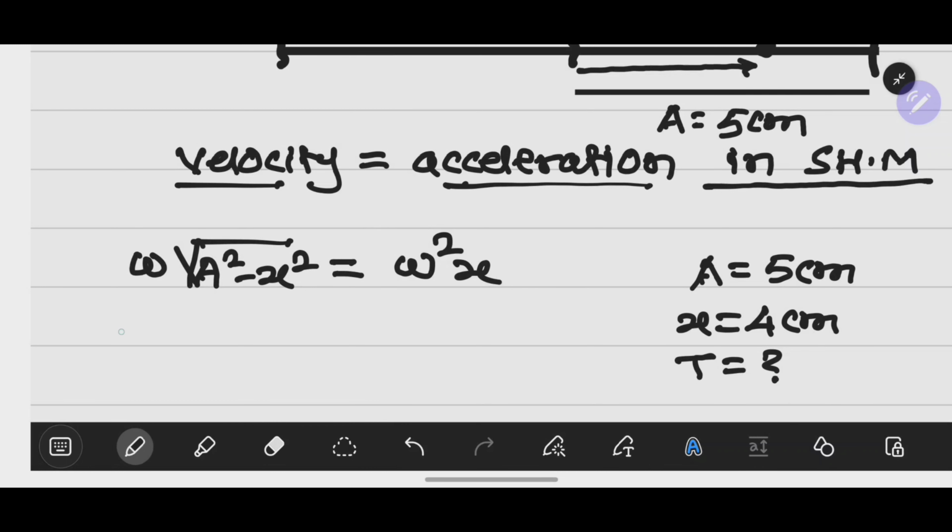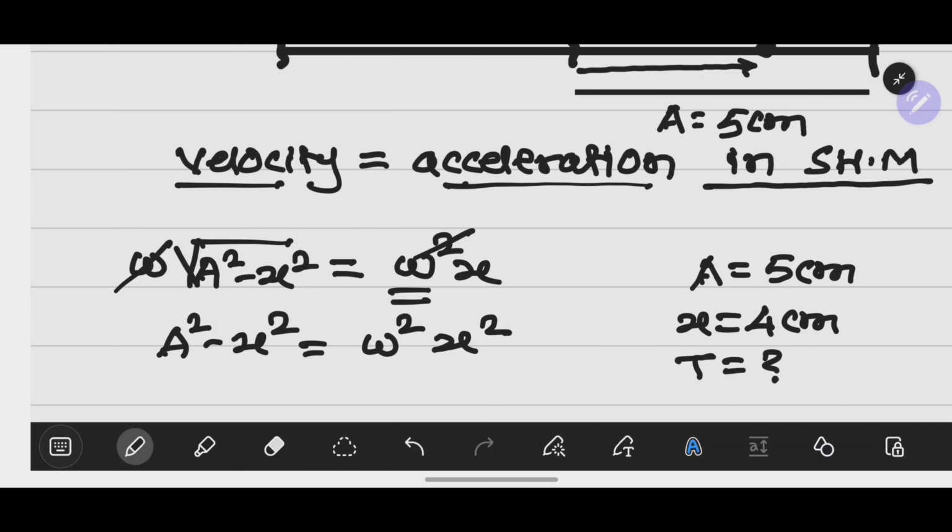Then we substitute the values. One omega from omega square gets cancelled, and only omega remains. So, under root of a square minus x square is equal to omega into x.